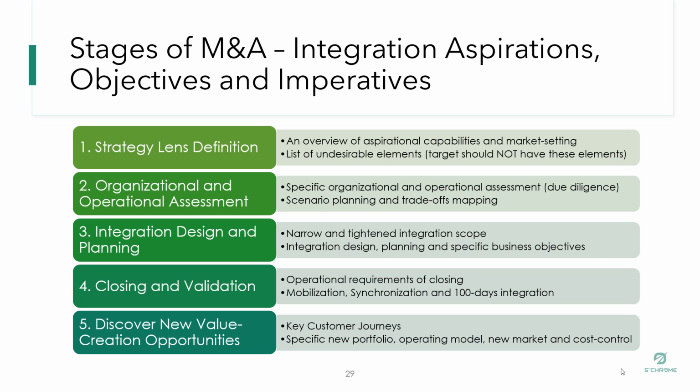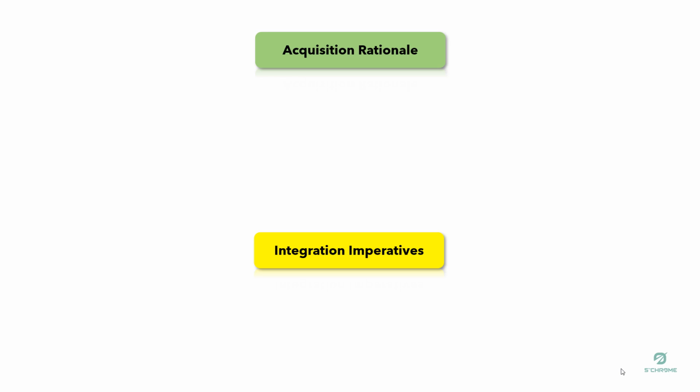This is where some parts of the journey are done by the acquiring team and some parts by the acquired team. Once you do the customer journeys, it's a great visualization of how that process is going to work between the two organizations. Okay.